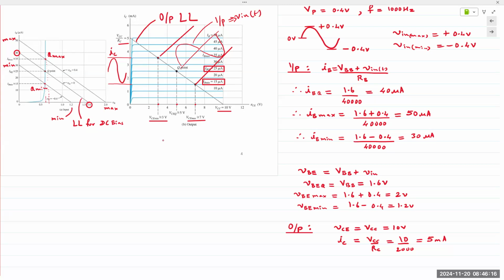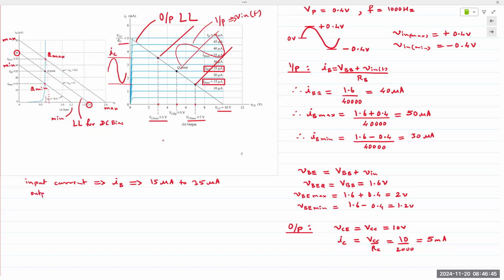So input current is IB, and it has a range of 15 microamps to 35 microamps. So small that we would not even be able to measure it with standard lab equipment or lab techniques, not without large resistors and stuff.